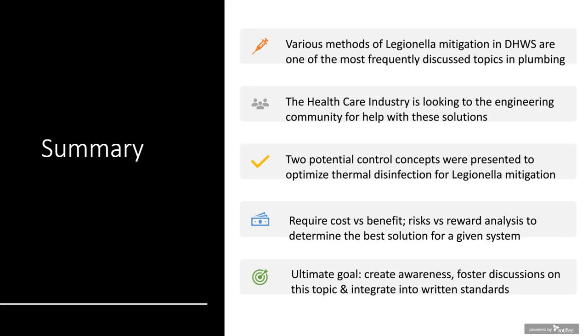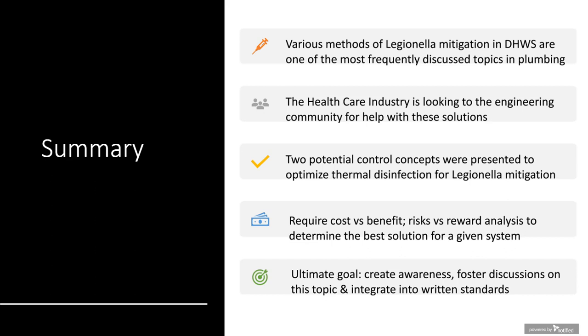So in summary, some of the things that we discussed: Legionella mitigation is one of the very hot topics in domestic hot water systems, frequently discussed, with a lot of movement in a lot of different areas. The healthcare industry is looking to the engineering community to help with these solutions.